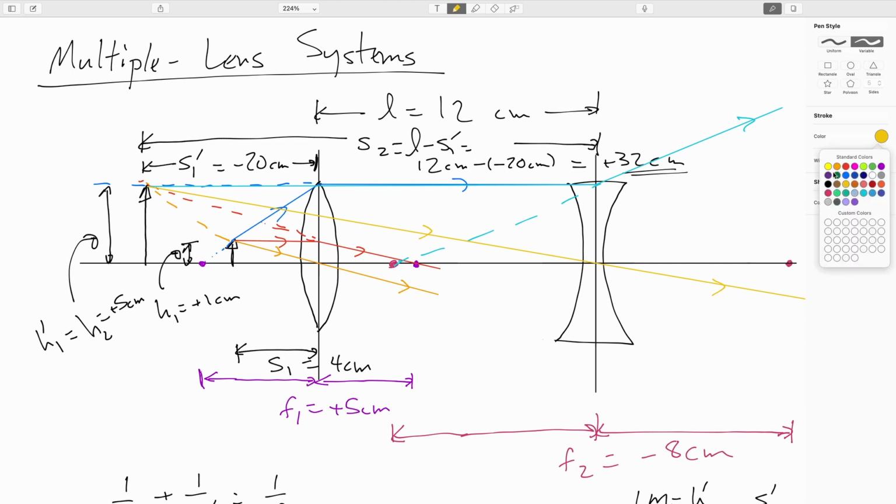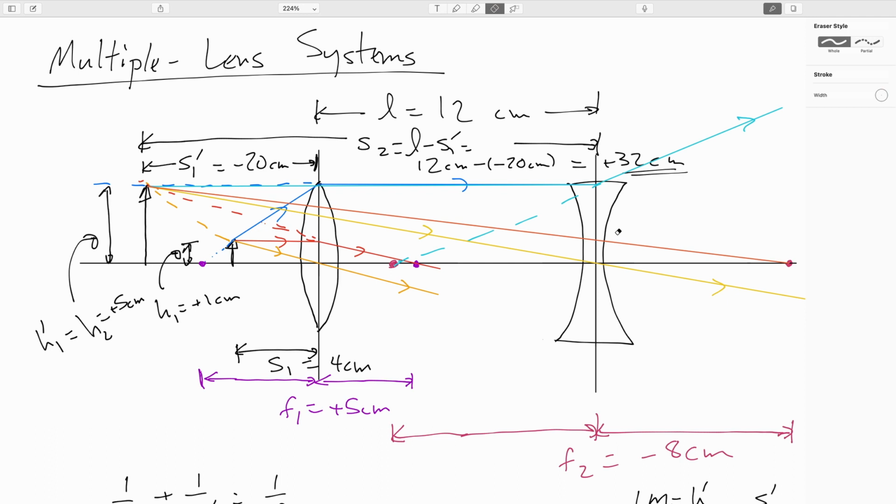What do we want to make our focal ray then? Let's make our focal ray whatever that color is. So our focal ray will be aimed at this point right here. So I am going to do it like that. And then I am going to just very gently erase it right there.